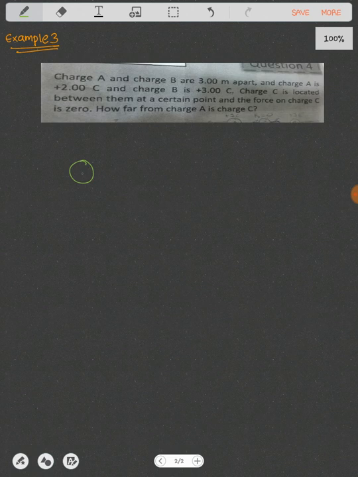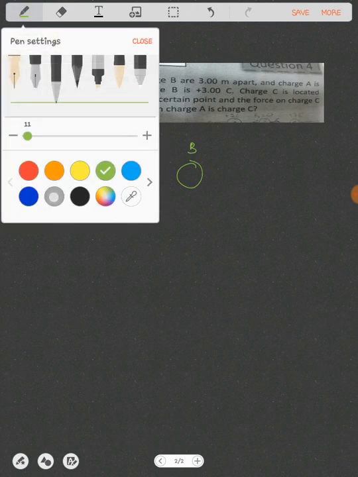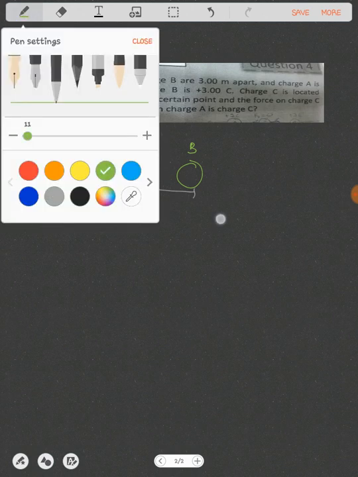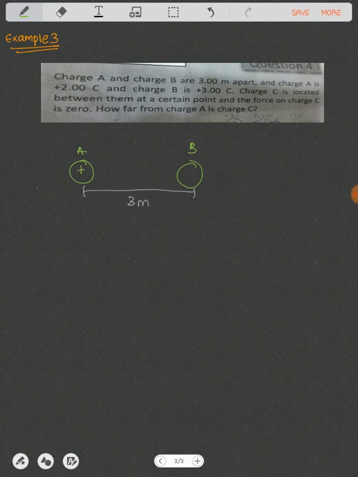So charge A, charge B are 3 meter apart. So we draw it nicely, 3 meter apart. And charge A is 2 Coulomb, which is positive charge, positive 2 Coulomb. And charge B is positive as well, but positive 3 Coulomb.